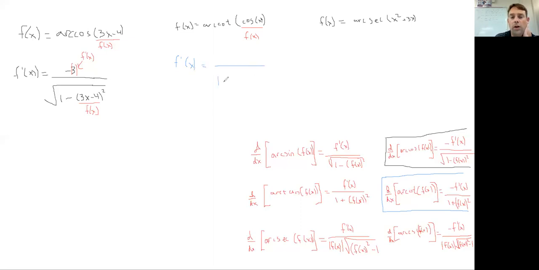On the bottom, I have 1 plus my f of x squared, and f of x again was cosine of x. And on the top, I have negative times the derivative of my f of x. If f of x is cosine of x, the derivative of that would be negative sine of x. And we'll clean that up just a little bit.